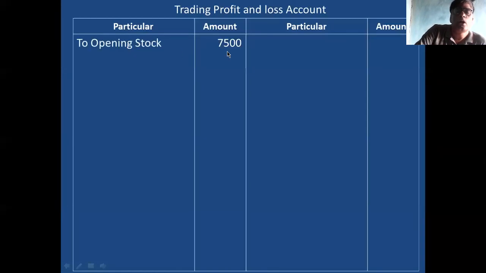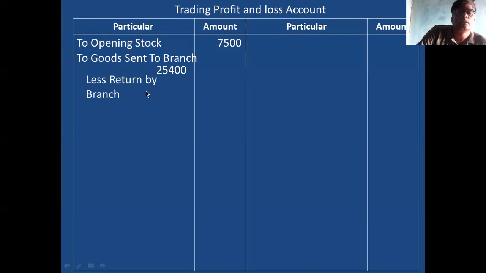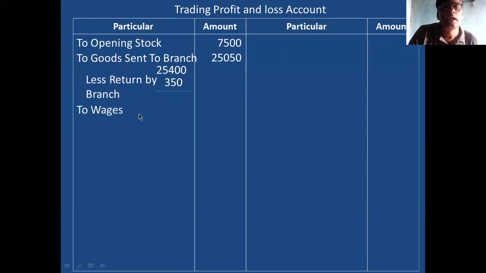First item, opening stock 7,500 is there. Second item, you take goods sent to branch. Goods sent to branch is 25,400. In this, you less returned by branch. Returned by branch is 350 rupees. You deduct 350, balance is 25,050. Then next is wages and salary.